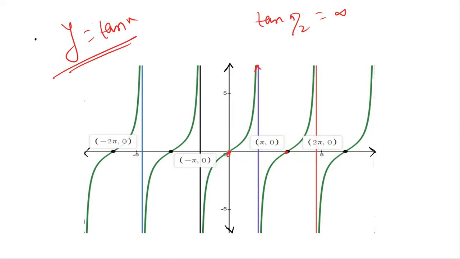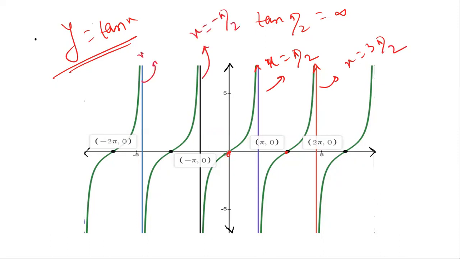And this is nothing but x equal to pi by 2, and this is x equal to 3 pi by 2. This is x equal to minus pi by 2, and this is x equal to minus 3 pi by 2, right? This is the graph of tan.